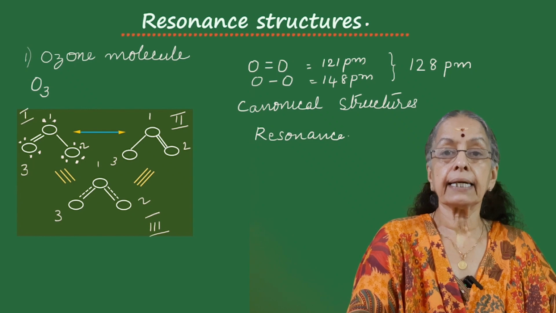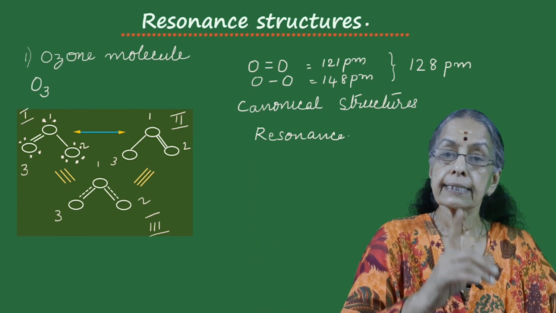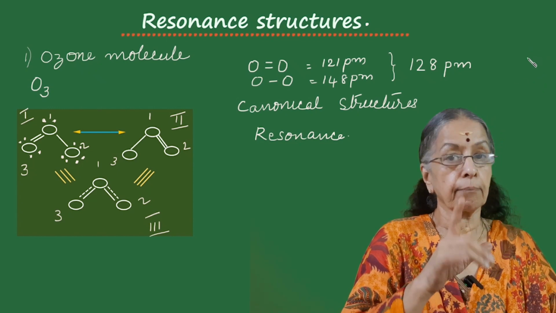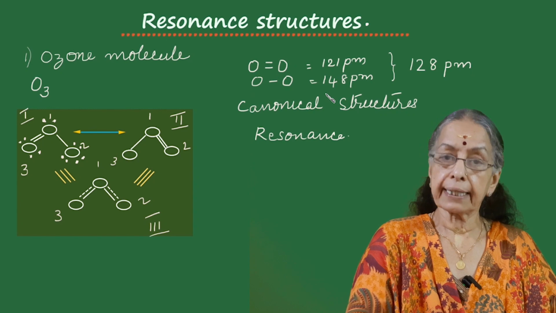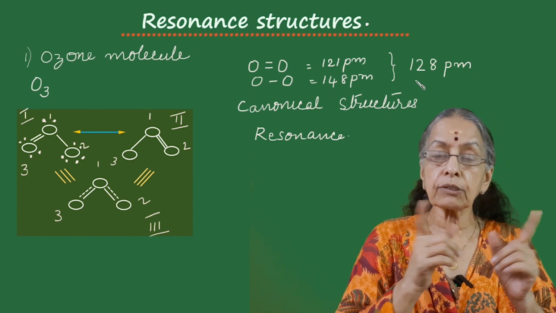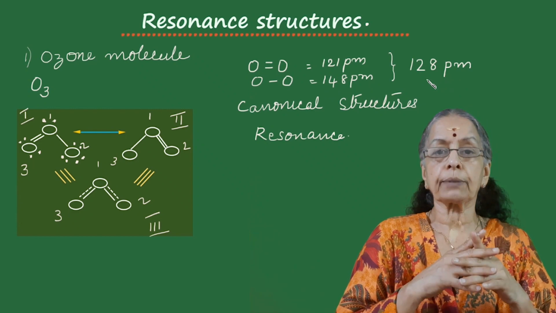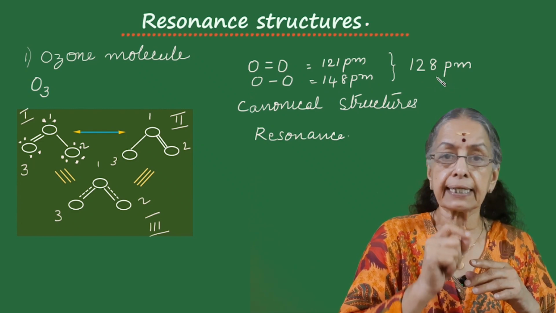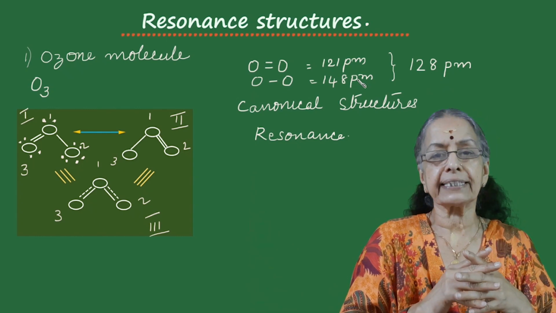Slightly bigger than the bond length expected for the double bond and slightly smaller than the bond length expected for the single bond. The magnitude is somewhere between these two values. Though the experimentally obtained value is not perfectly the average value, it is called the averaged value.